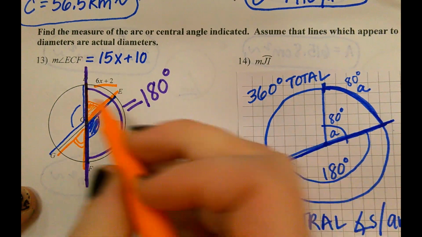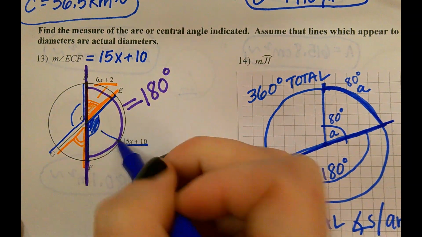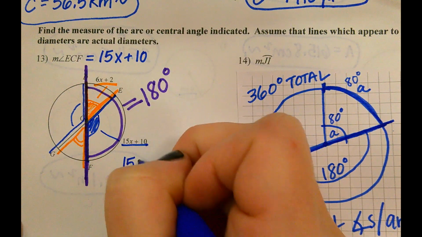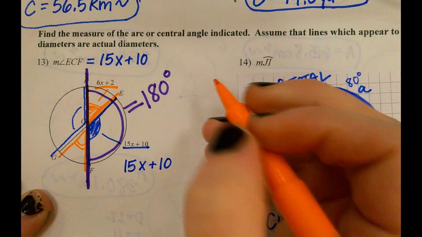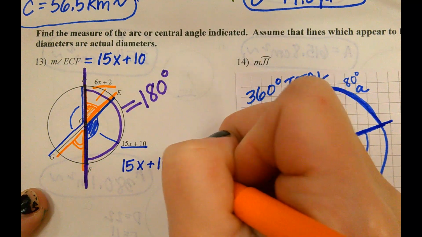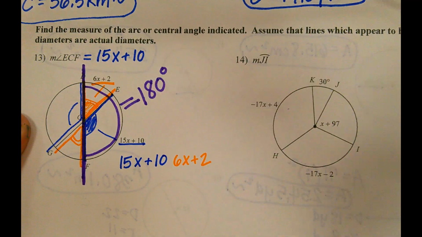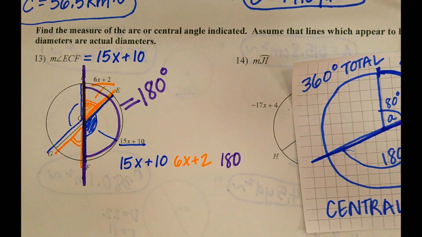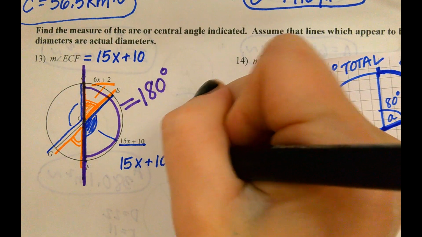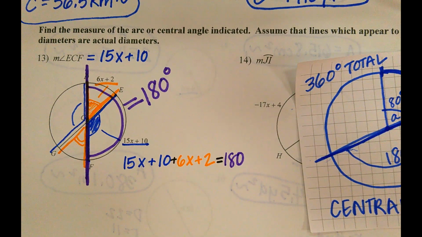So I'm going to write that equation you just told us. We said 15x plus 10 plus 6x plus 2 equals 180. So there's my equation.